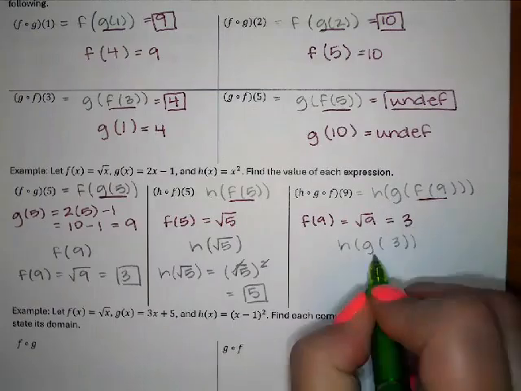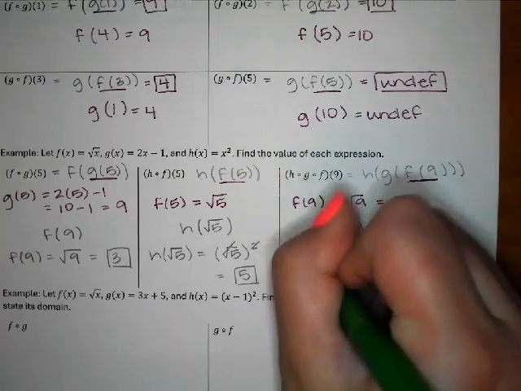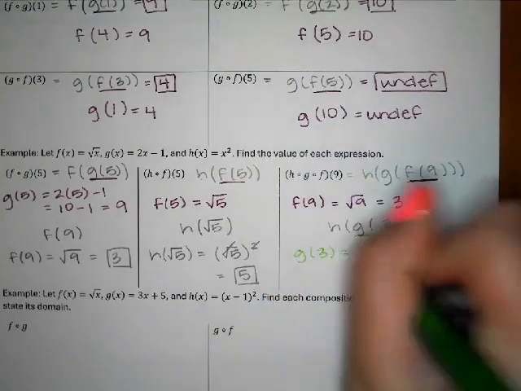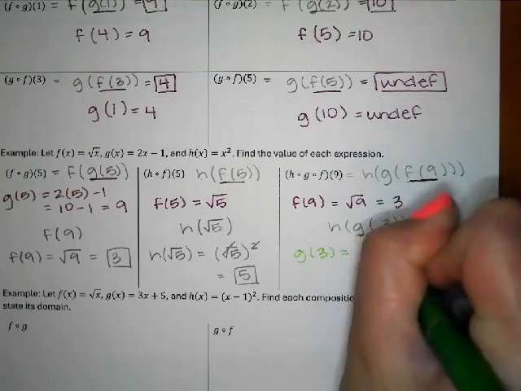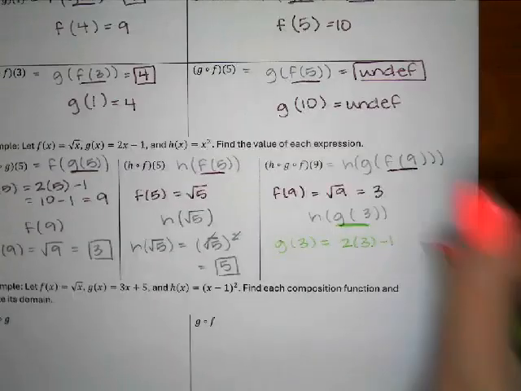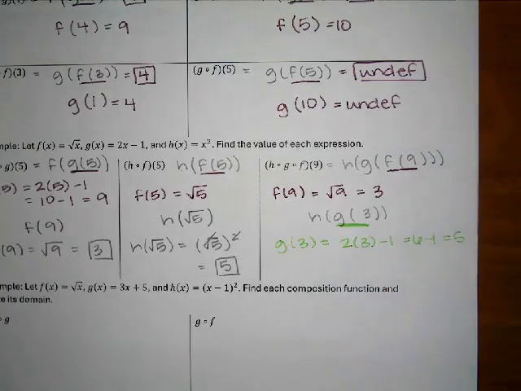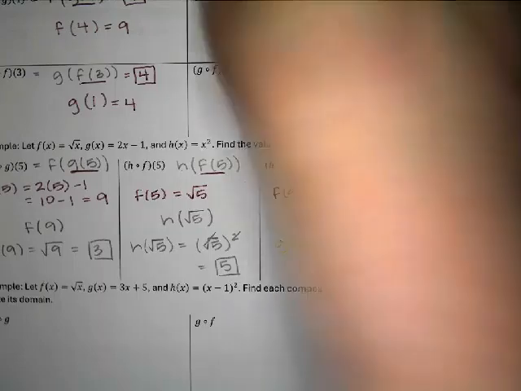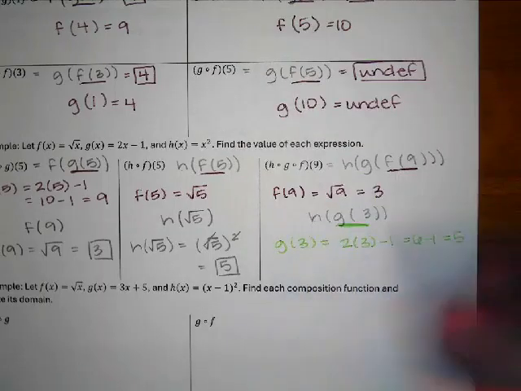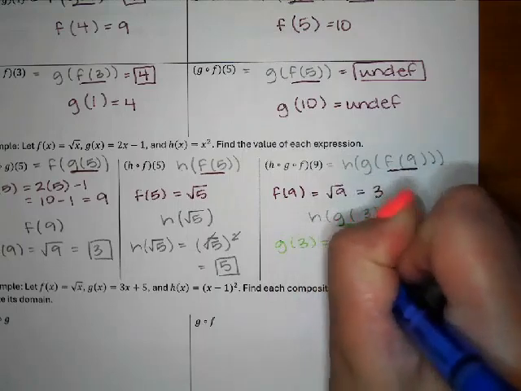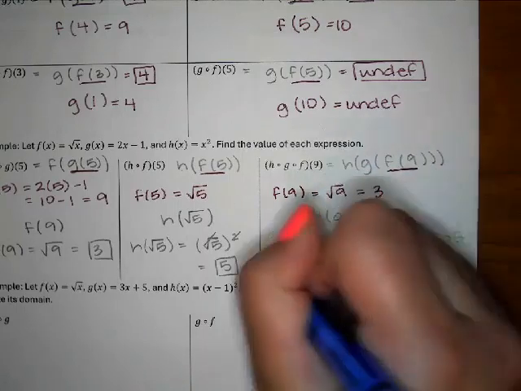G of 3 is 2 times 3 minus 1, which is 6 minus 1, so that's 5. And so then that would leave us with h of 5. And h of 5 is 5 squared, which is 25.